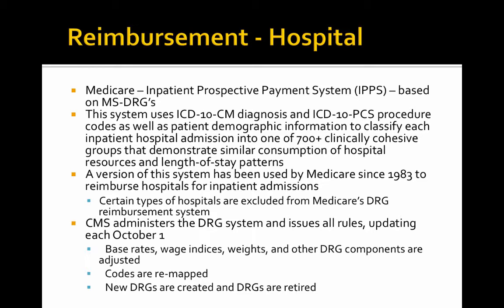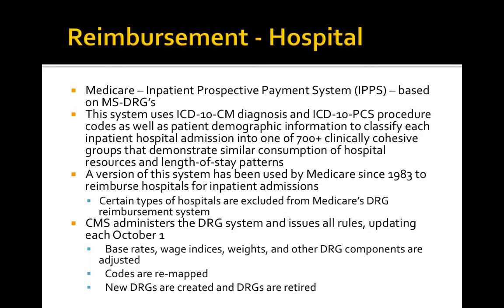The MSDRGs use ICD-10-CM and ICD-10-PCS codes, so those are our diagnoses and our procedure codes. In some cases they use demographic information and other information about people that are admitted, but typically it's just the diagnosis and the procedure codes.